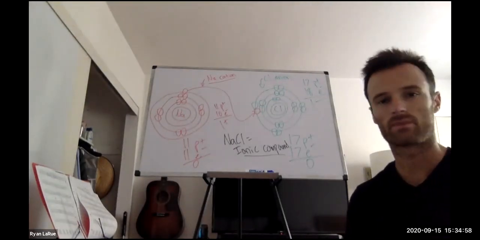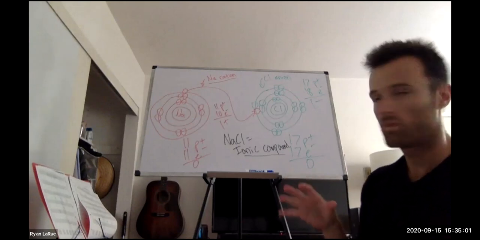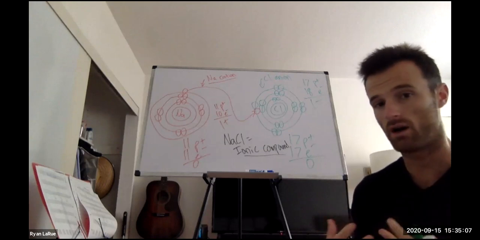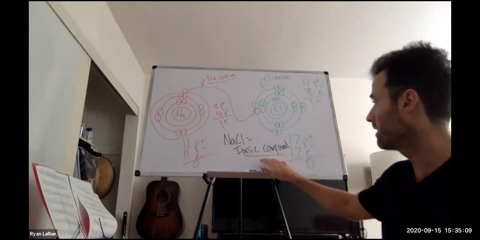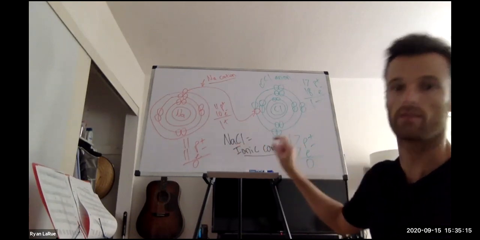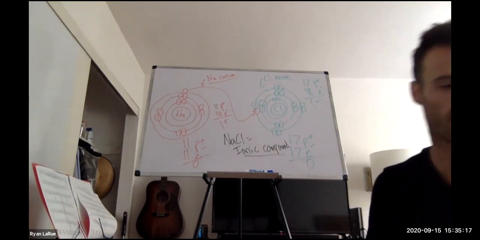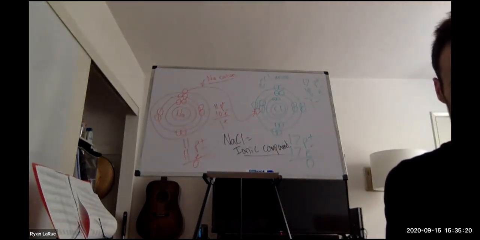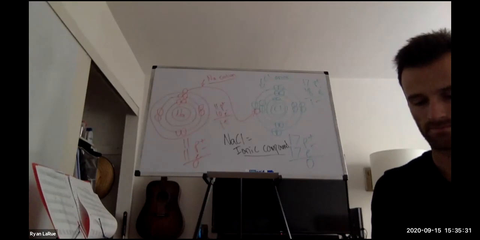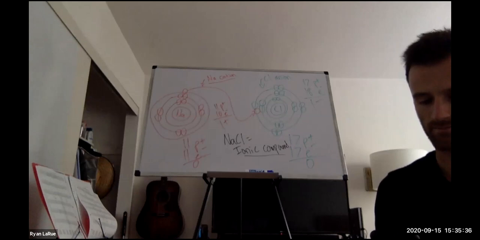Whenever you have two or more atoms that are bound together by an ionic bond interaction, we call it an ionic compound. So sodium chloride, or NaCl, is an ionic compound.